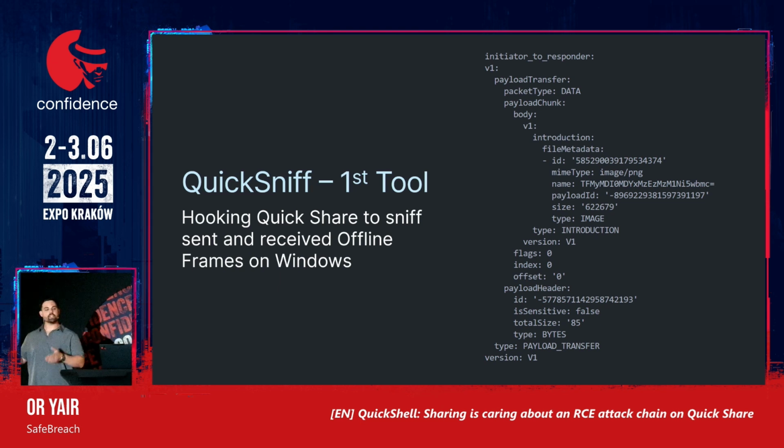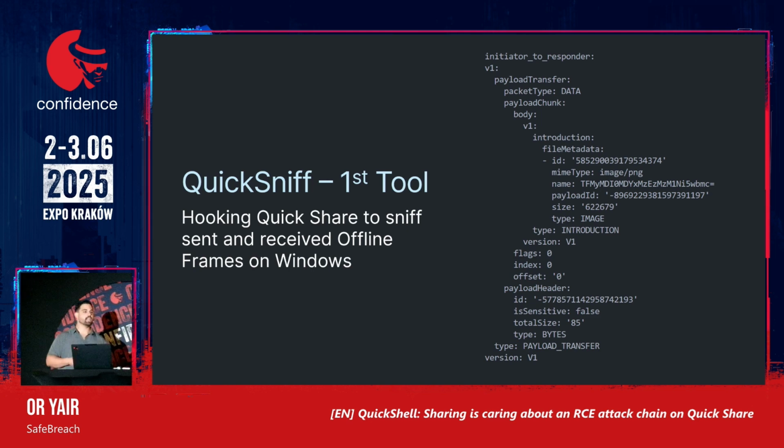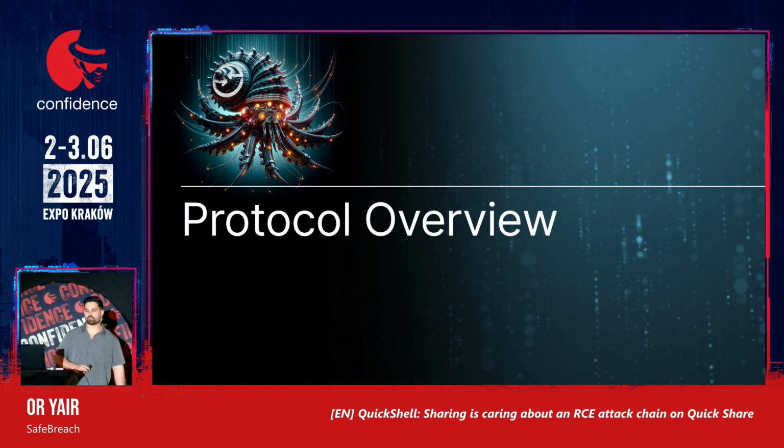It hooked the read and write functions, and then it parsed all the sent and received bytes into offline frame objects and printed them textually so we could understand what's happening in a file transfer session. And therefore, I'm now able to provide you with a quick overview of this protocol.